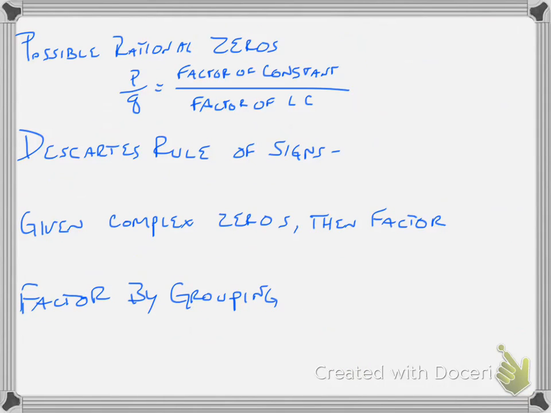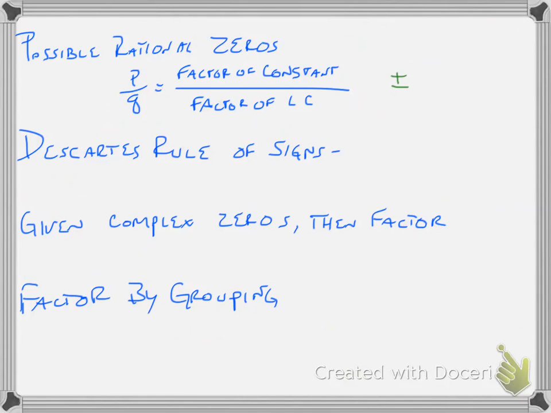You need to know how to find the possible rational zeros, the P over Q's. It's any possible combination of any factor of the constant over the factor of the leading coefficient. So you need to list them all out. And remember, they're all plus or minus. Okay?